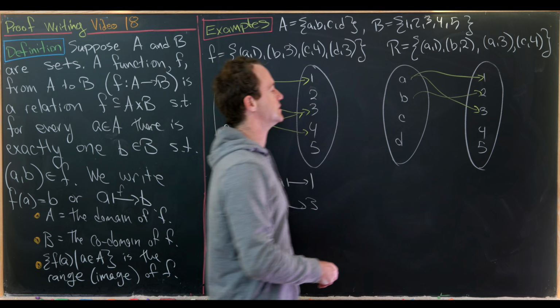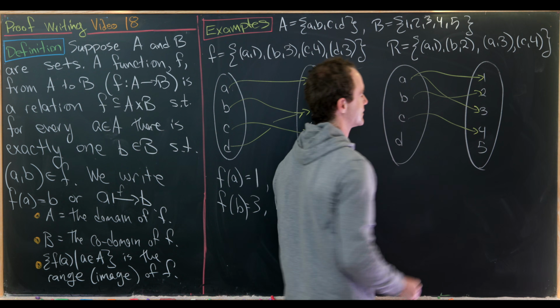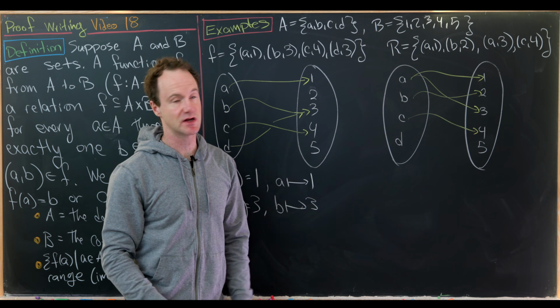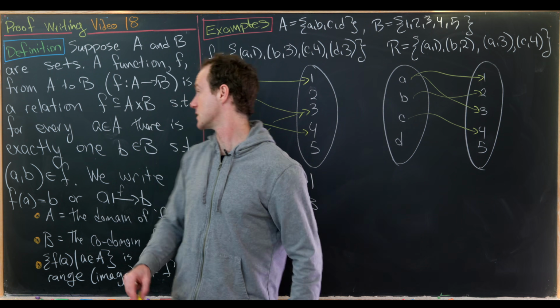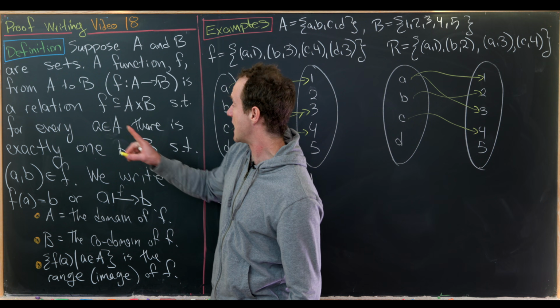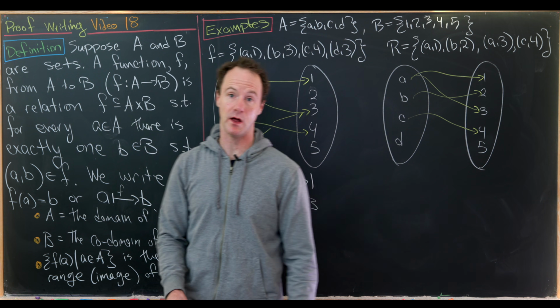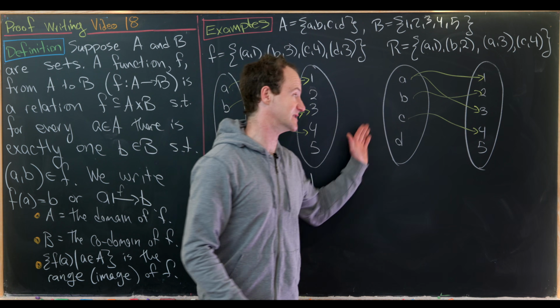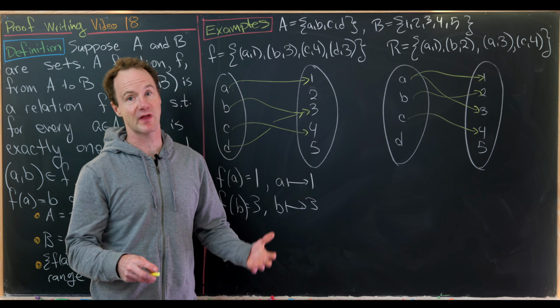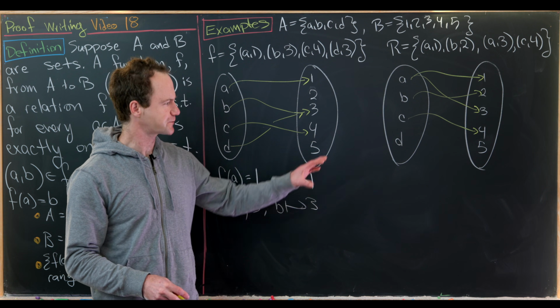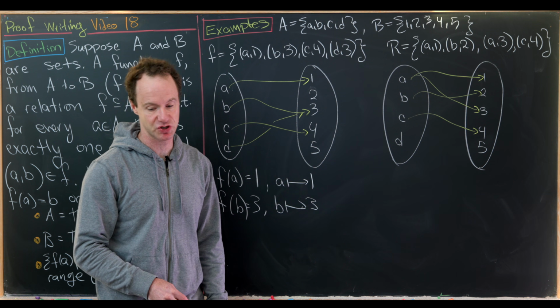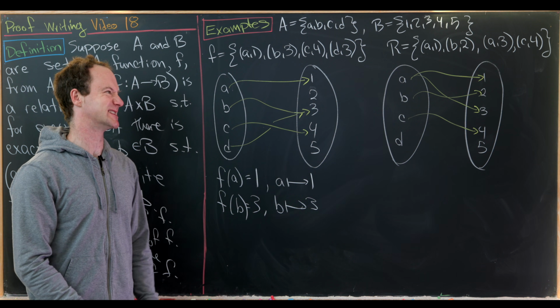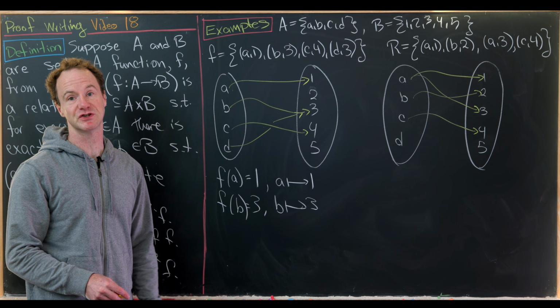Okay, so now let's continue on. c gets mapped to 4 under this relation, but notice d is not sent anywhere. And that breaks a rule as well. For every a in A, there is exactly one. Well, d has zero elements that it is mapped to, so that is not exactly one. So there are a couple of different reasons why this relation is not a function. Before moving away from this example, I'd like to do one more visualization.